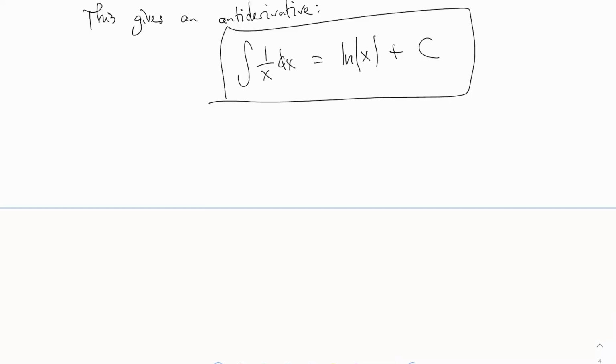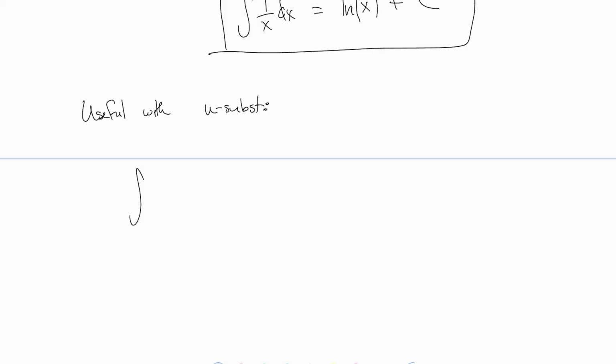So this antiderivative formula actually does come up fairly often. This is especially useful with u substitutions. For example, if I wanted to do something like that.